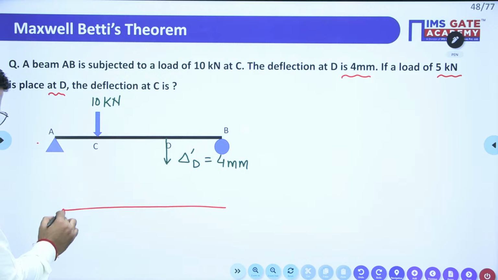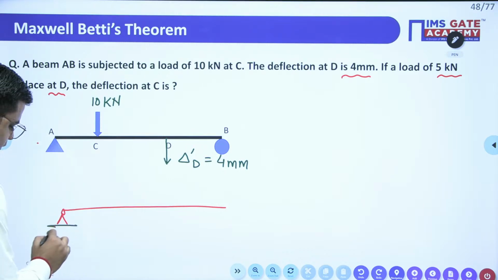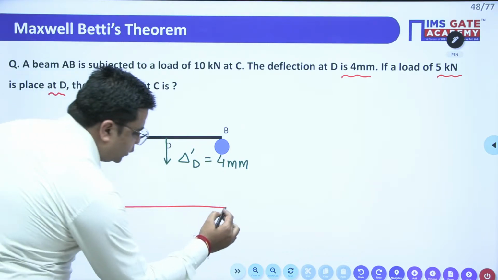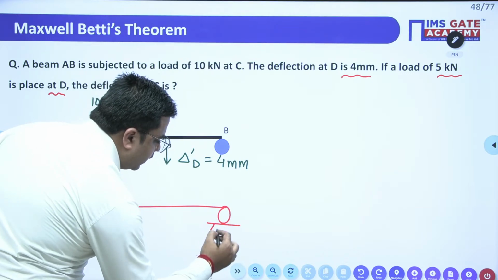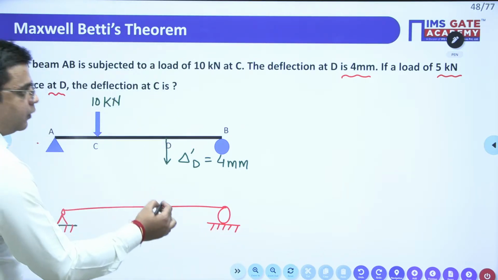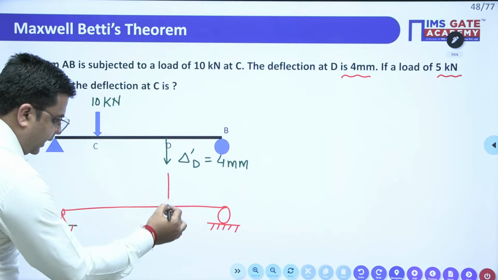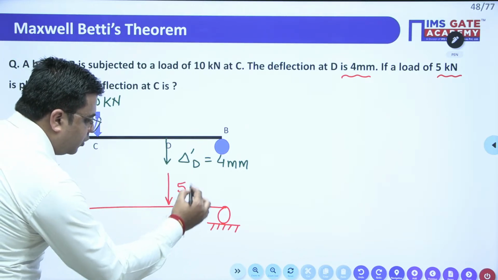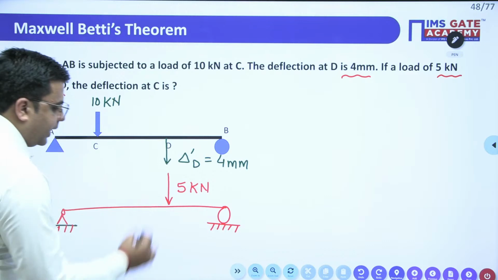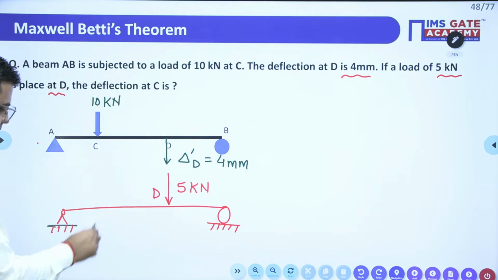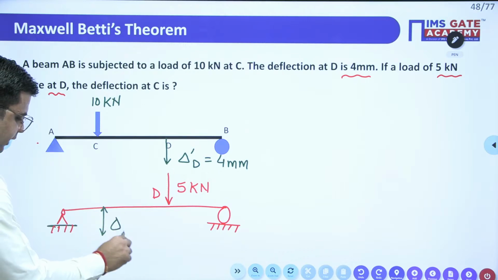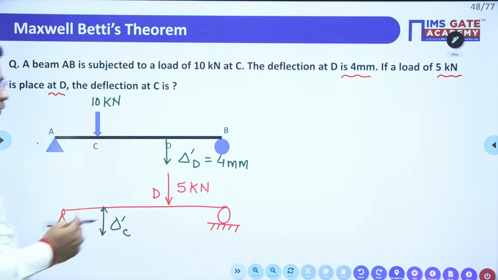For this beam, if a load of 5 kilonewton is applied at D, what has to be the deflection at C? This delta C dash we need to calculate.